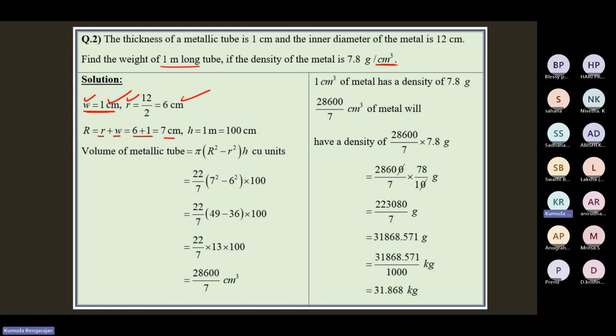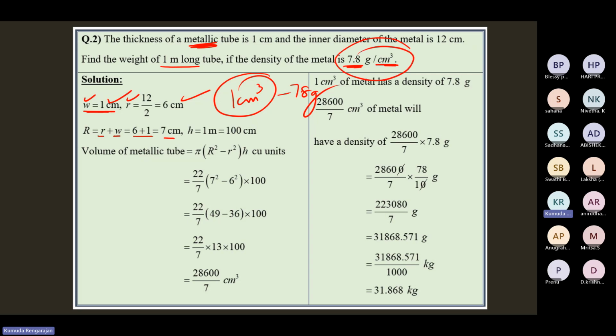1 centimeter cube of this metal weighs 7.8 grams. It's given here: 7.8 grams per centimeter cube. That means 1 centimeter cube of whatever metal the tube is made of has a mass of 7.8 grams.